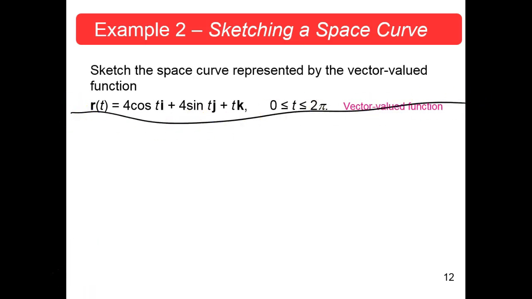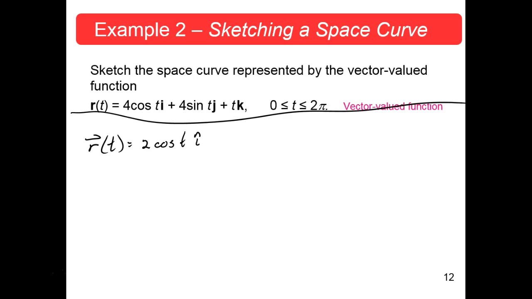Okay. Sketch the plane curve represented by the vector value function R of t. I can't write bold, so I put an arrow over mine. R of t is equal to 2 cosine t i. When I'm writing something I know to be a unit vector, I put a caret over the top rather than bolding or an arrow.